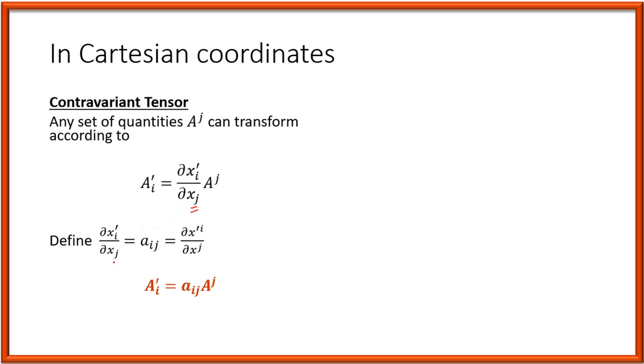Now we have already seen that since xi and xj themselves are contravariant vectors, these integers can go to the superscript. This is a more apt representation. Therefore, I can write this equation similarly as ai dash is equal to dou x, i goes to the superscript and j goes to the superscript, aj.